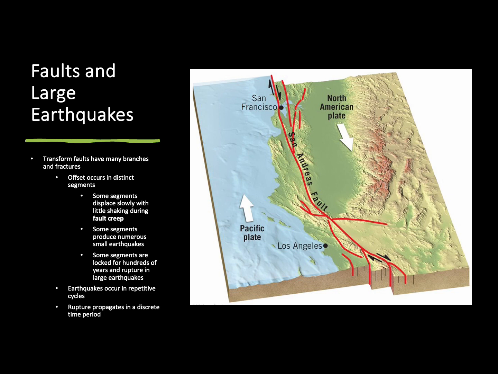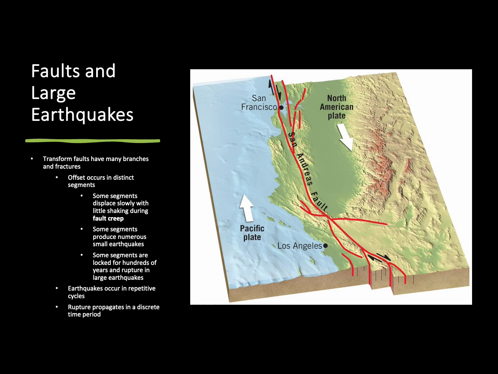Some of these segments are moving very slowly over time. They're not very noticeable, and they produce very little shaking. So we call these fault creeps. The ground itself is very slowly creeping. But more commonly, we're going to see lots of these smaller segments that are just producing a lot of really small earthquakes. It might be inconvenient, but it's not deadly.